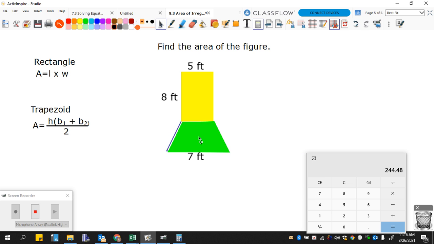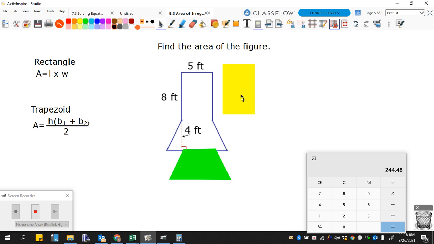So the shorter rectangle is, the 8 goes from here down to here. Okay, so that means that this over here is 8. This is 5. Okay, so 8 times 5 is 40.